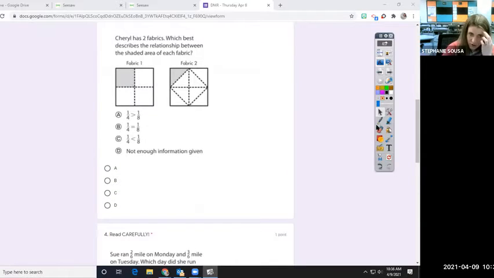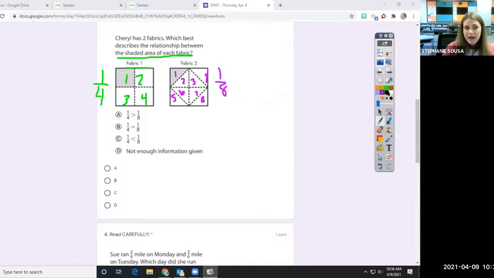We have Cheryl, who has 2 fabrics. Which best describes the relationship between the shaded area of each fabric? Here's fabric 1, and I notice that there are 1, 2, 3, 4 parts. One of them is shaded. So this is 1/4. Here's fabric 2. There are 1, 2, 3, 4, 5, 6, 7, 8, and one of them is shaded. So this is 1/8.